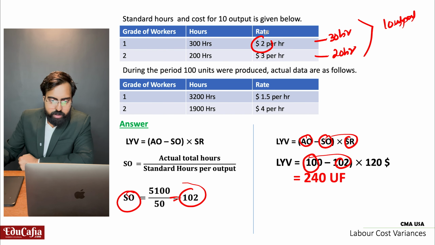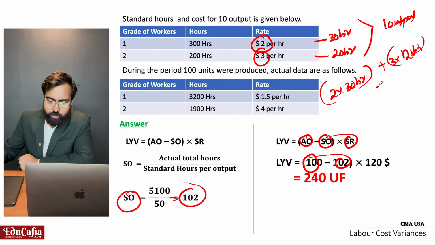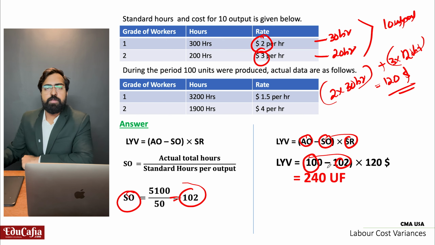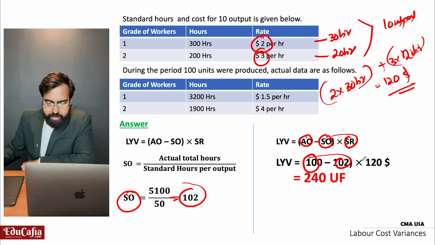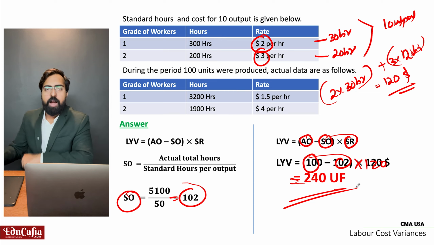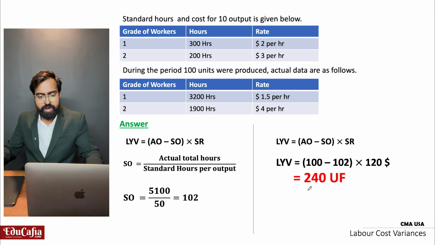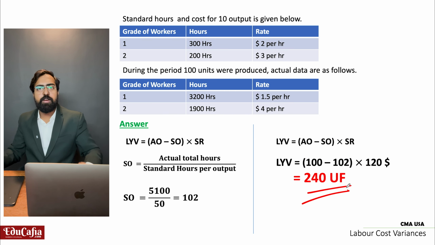So $2 into 13 hours plus $3 into 20 hours is equal to $120 for one output. So that is equal to 240 unfavorable. So here also we are getting 240 unfavorable.